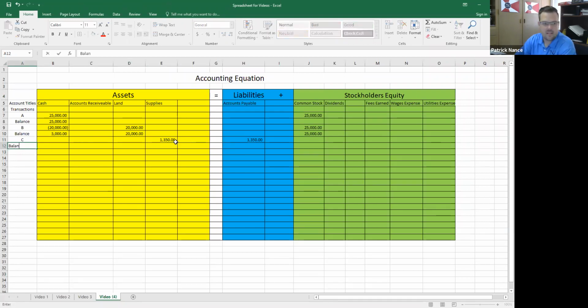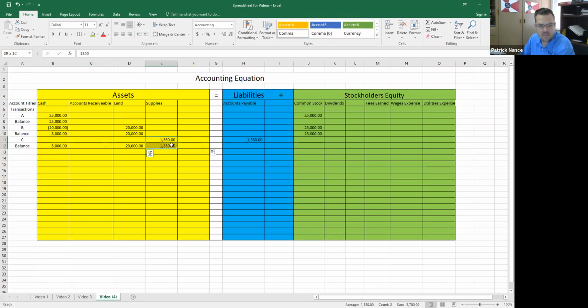So let's do a balance line. Cash was unaffected. My land is still 20,000. My supplies is now 1,350.